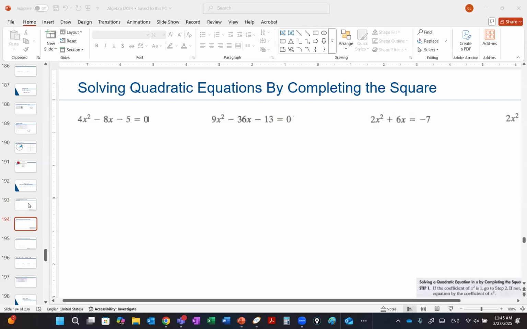Earlier we used the factor method. Everyone can use the factor method. Right now we use a little bit different methods. Okay, so let's do this one first.